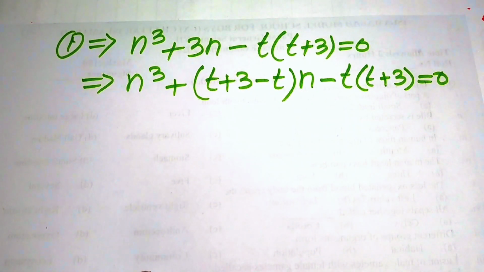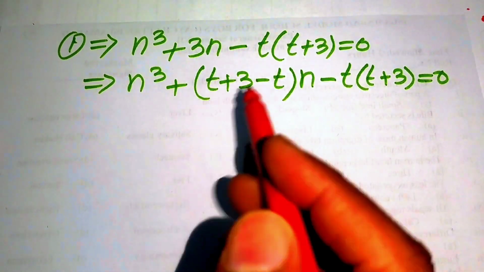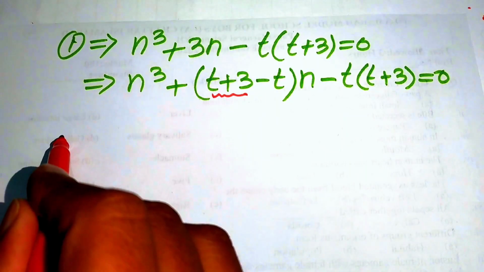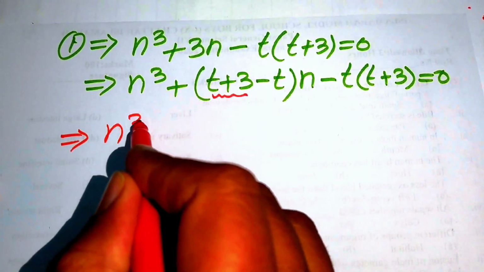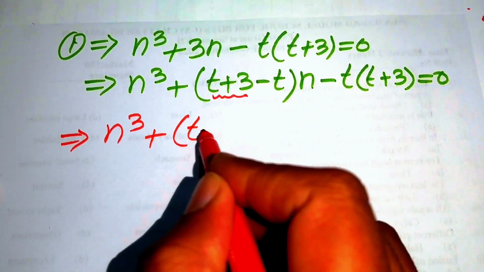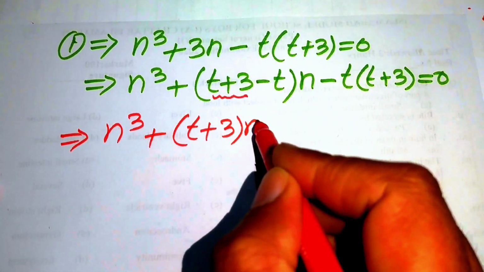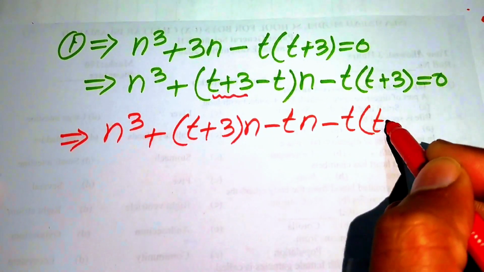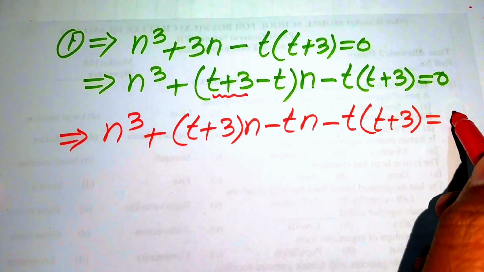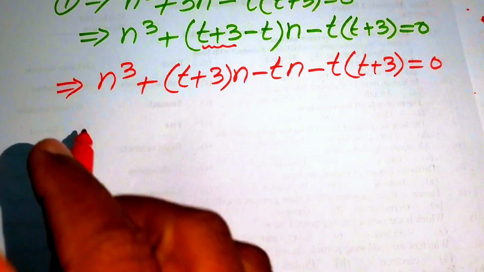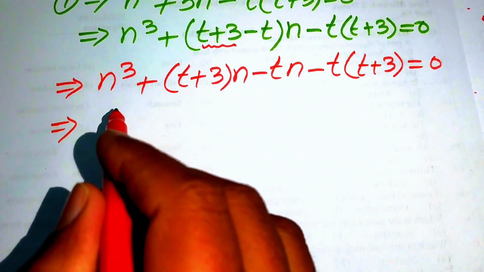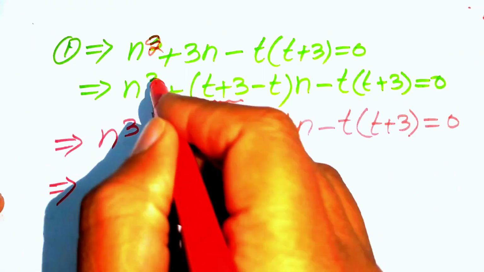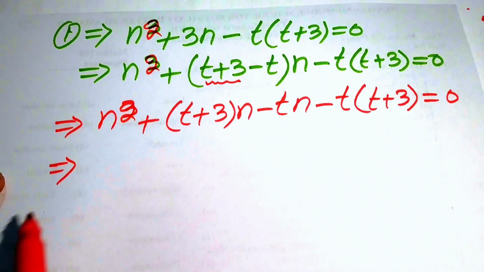In the next step, we multiply this n in t plus 3 and t, so it will be written as t cubed plus t plus 3 into n minus t into n minus t times of t plus 3, and this whole equals 0. Here we take common n from the first two terms. Sorry, this is our n squared, so this value is n squared.